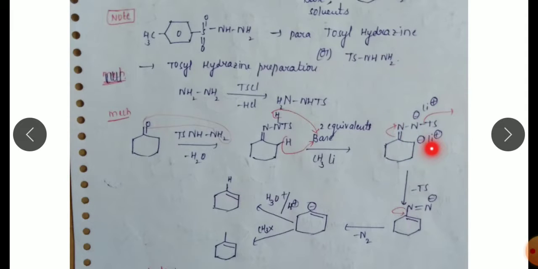Partially lithium plus attacks on this C minus. Then in this tosyl, Ts is eliminated and the bond is polarized towards nitrogen. Then a new double bond is formed between this carbon and this carbon like this, and a new double bond is formed between these 2 nitrogen atoms.